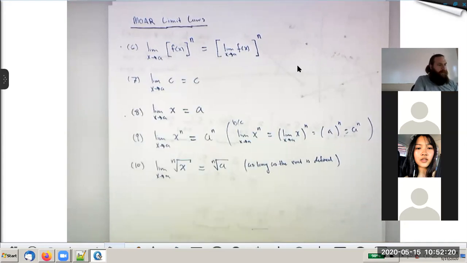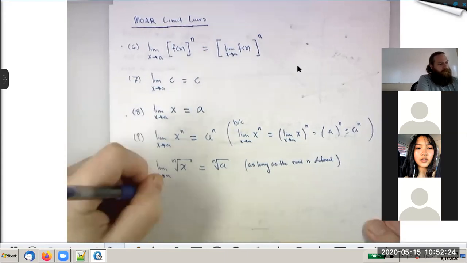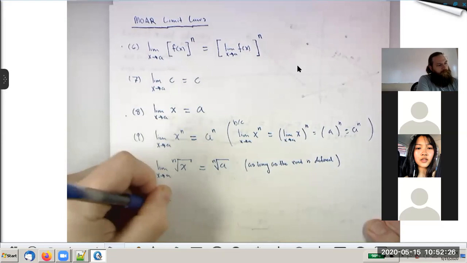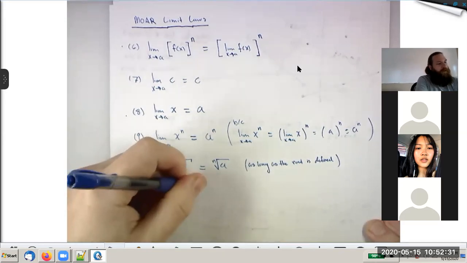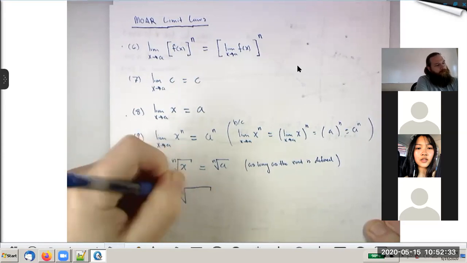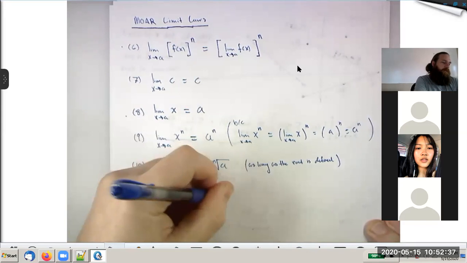And then the corresponding rule: I want to take the limit of the nth root of a function. This works just fine.